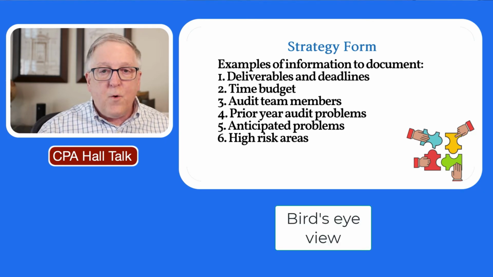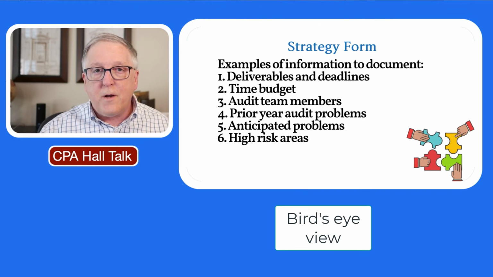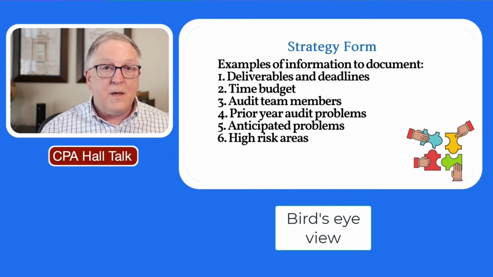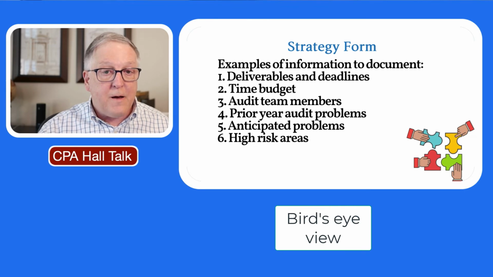Again, this form should be the one document in the audit file that you can look at, or anybody else, and see what the critical issues are. See how you're going to respond to problems you've had in the past, to problems you might have in this year, to see who the audit team is and how that audit team should parallel the level of risk that you have.